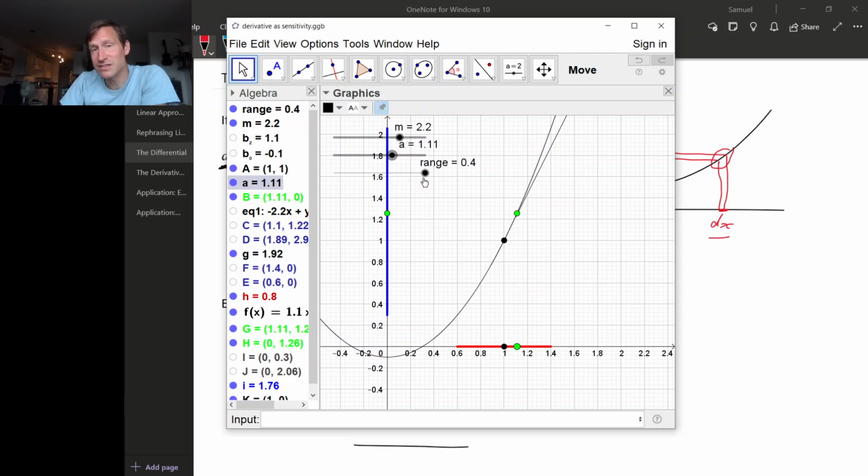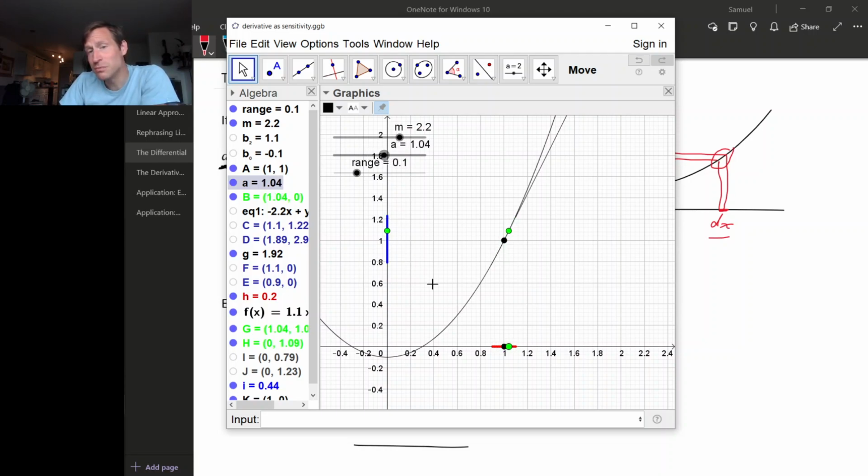Now all of this is true even if we shrink the size of this red bar down here. So right now it's set to 0.4, but 0.4 to both sides of our base point. But if we shrink it, you can see that it's true that this blue bar is now smaller, but compared to the red bar, in proportion, it's just as long as it was before we changed this range.